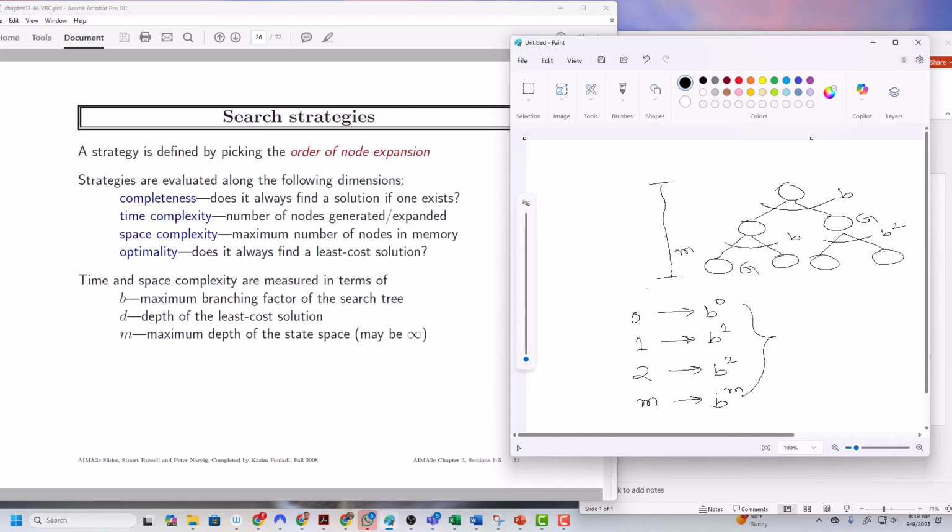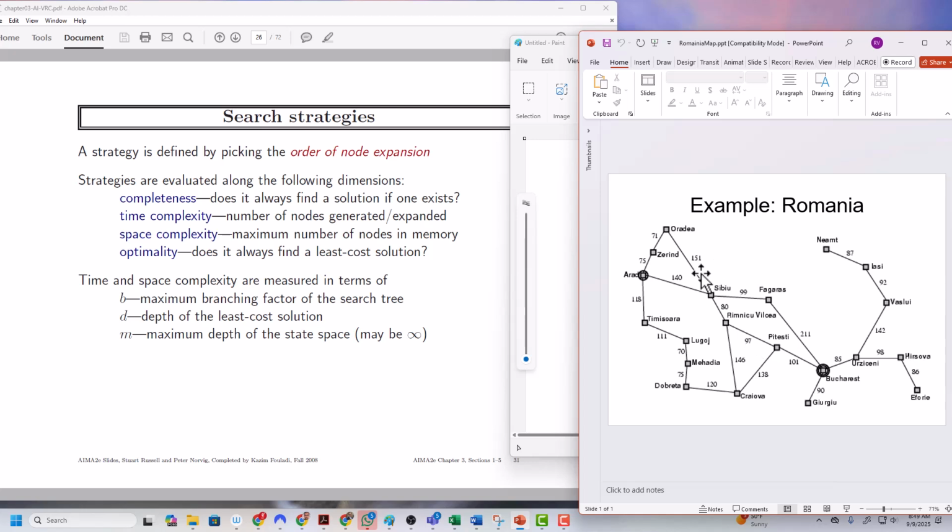One is the search cost, that means the resources, the time and memory used by the search algorithm. Another is the solution cost. For the Romania map, let's say Arad to Sibiu to Rîmnicu Vîlcea, Pitești, Bucharest, what is the total cost of this path? This is called the solution cost, which is the path cost of the solution itself.